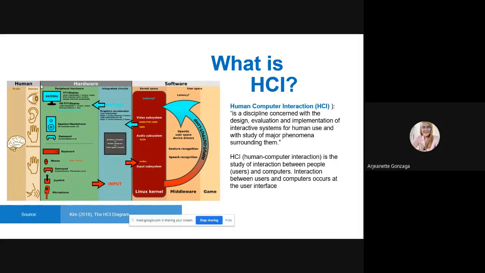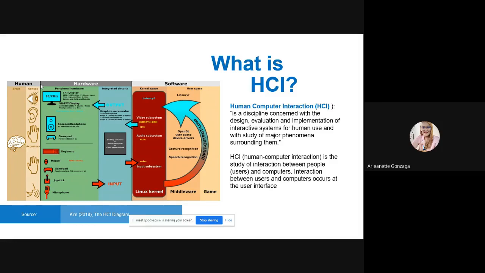Originally, HCI is focused primarily on computers. Dati kasi nakafocus lang si HCI sa computer. But since then, it has expanded to include almost all variations of information technology design.